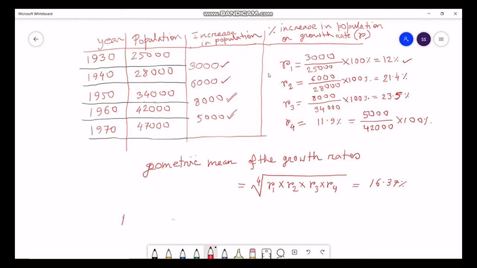So the population in 2000 as per the geometric increase method, we have to use this formula, that is population of 1970 multiplied by 1 plus R by 100 whole to the power n.